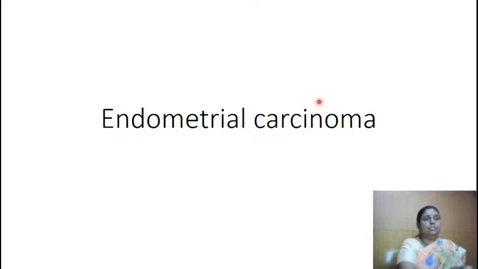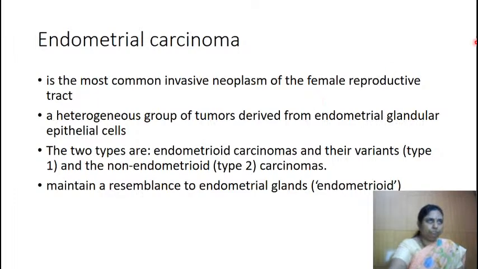Now let us see what is endometrial carcinoma. Endometrial carcinoma is the most common invasive neoplasm of the female reproductive tract. Yes, mind you, it is the most common invasive neoplasm. In all of the systems, it is the benign tumors which are the most common tumors.